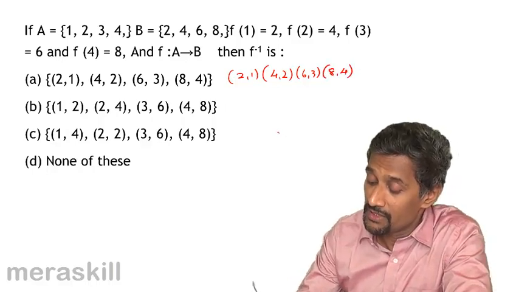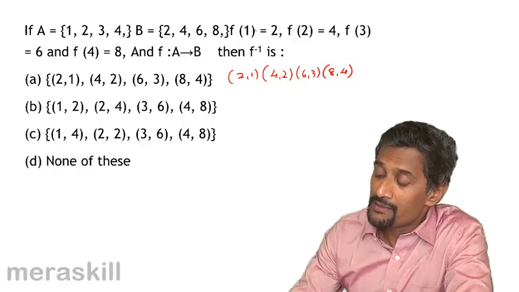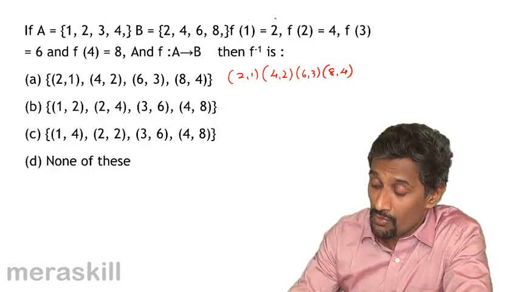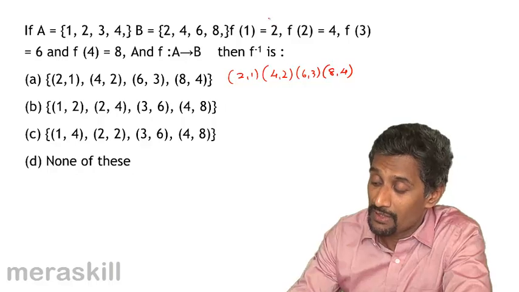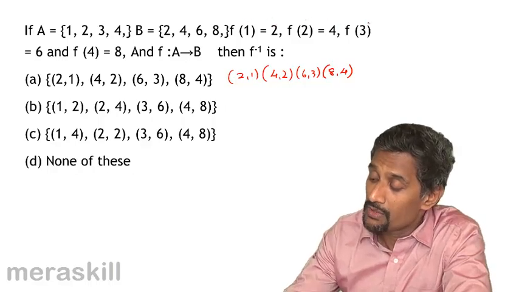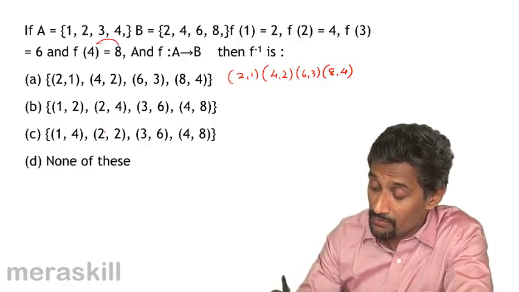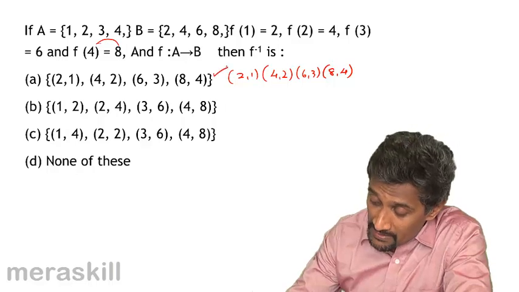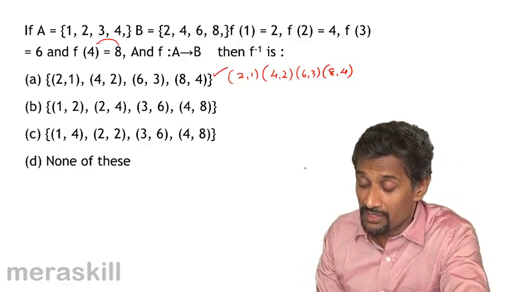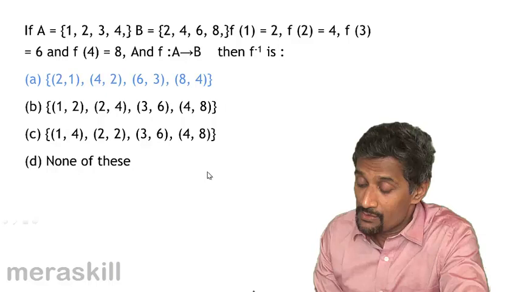This is the inverse relationship. That means this was y, this was x. The original relationship was (x, y), now it will all be (y, x). So (2, 1), (4, 2), (6, 3) and (8, 4) is the inverse relationship. Yes, we do have it there.